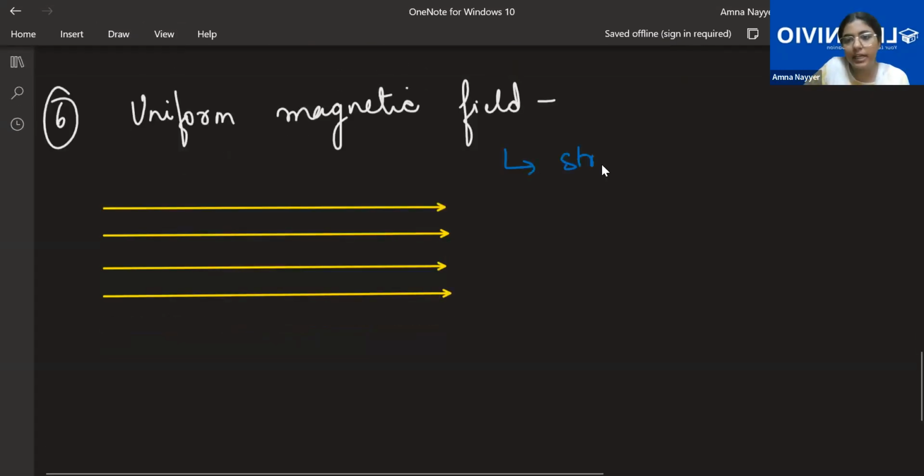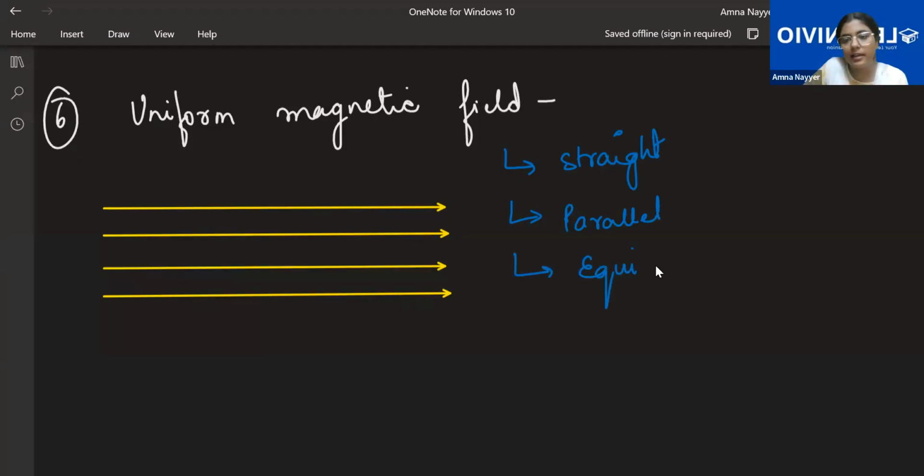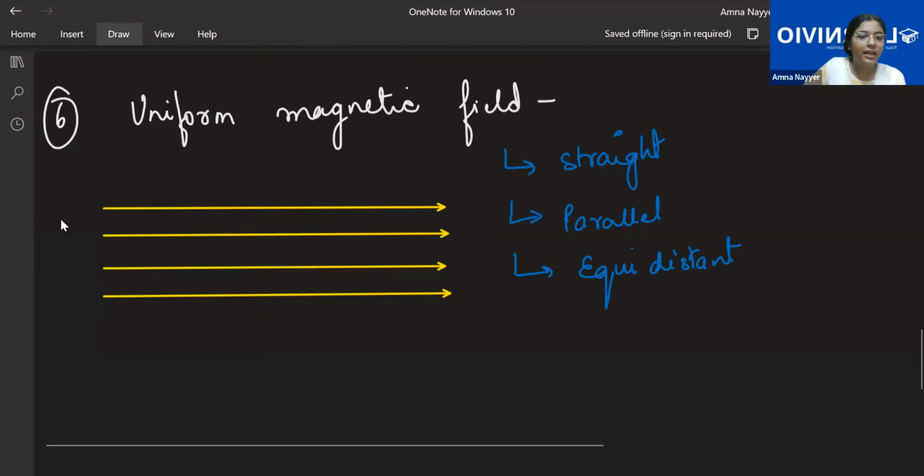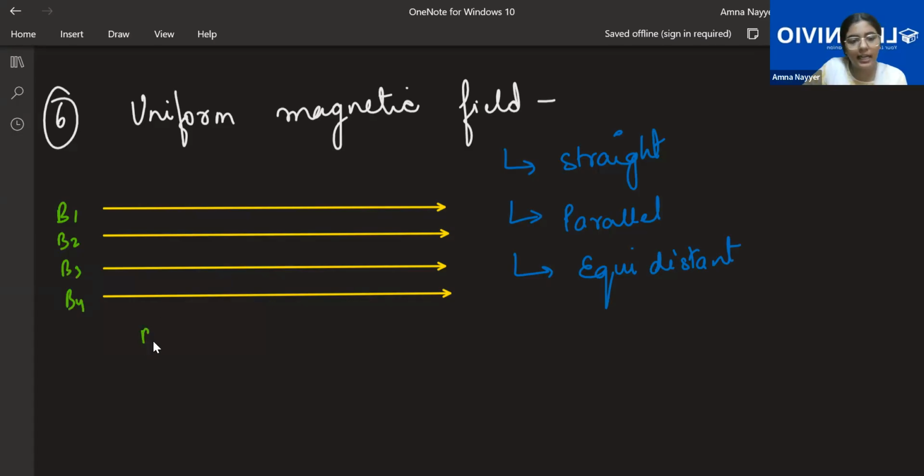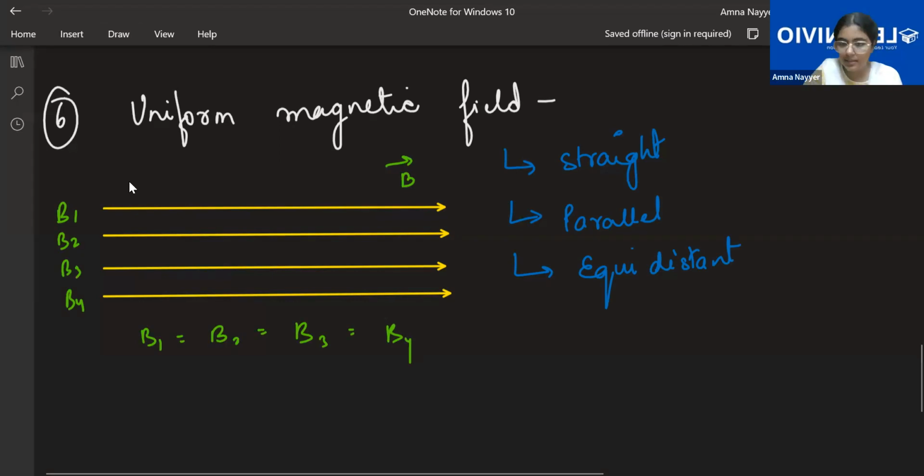They are straight, parallel, and equidistant. You can say if I have four magnetic field lines here, B1, B2, B3, B4, I can say B1 is equal to B2 is equal to B3 is equal to B4. That is the main magnetic field B. Is that clear? Yes, ma'am.